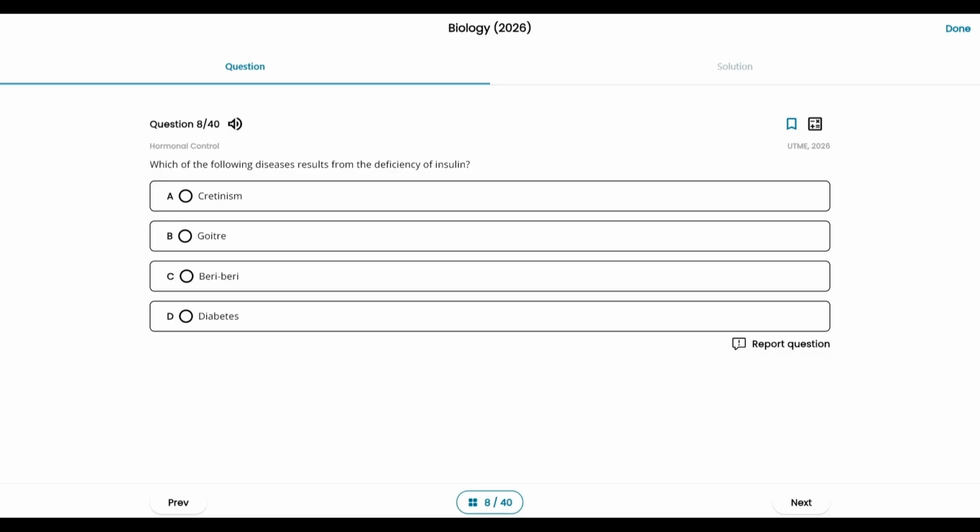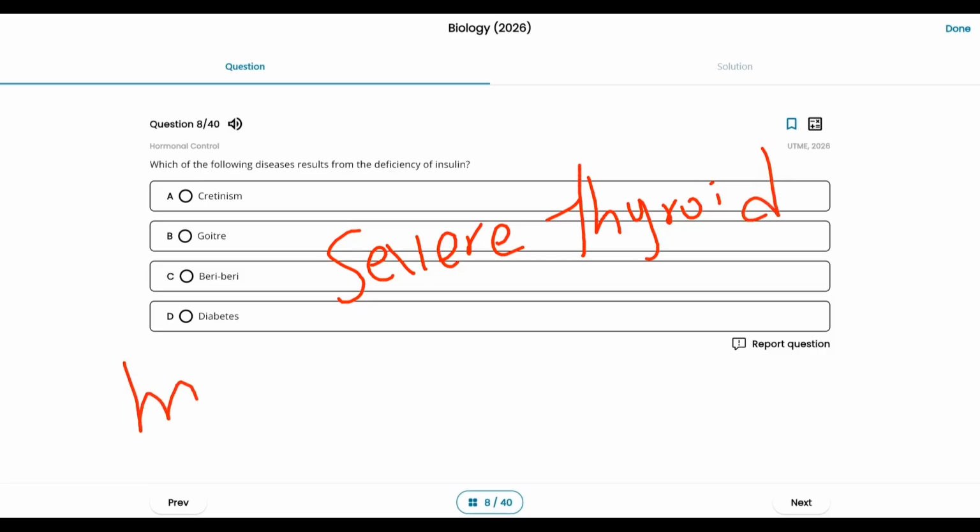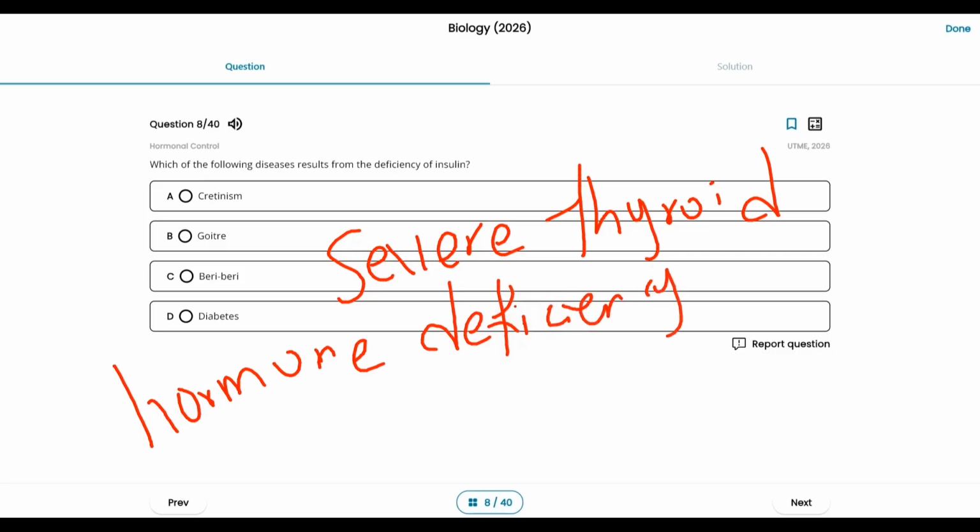Cretinism. Cretinism is associated with severe thyroid hormone deficiency during childhood.